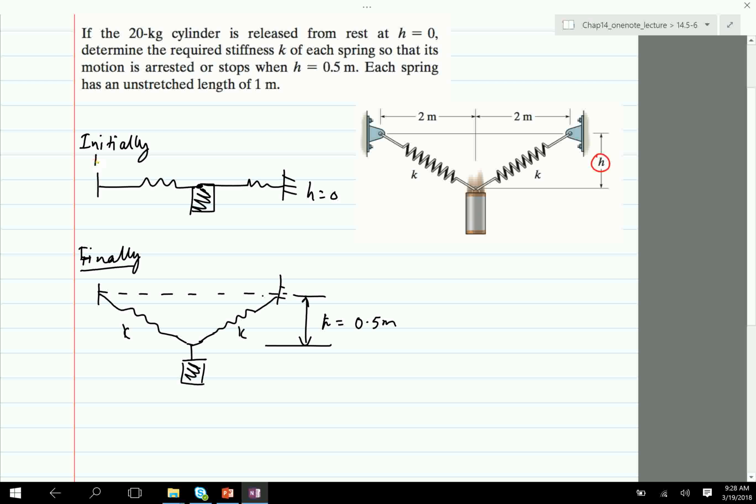Okay, so this is 2 and 2, 2 and 2, that's 0.5. Okay.